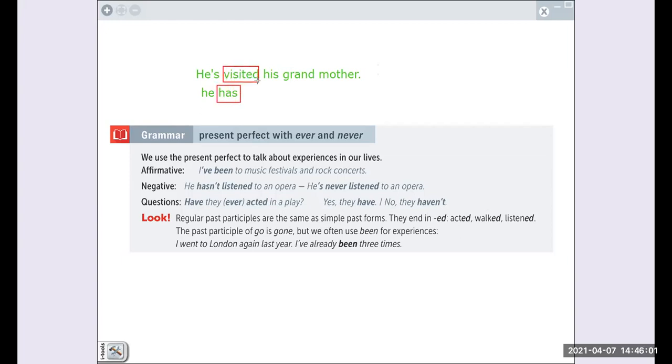Por el verbo que sigue adelante, porque el verbo es un past participle. En cambio, si fuera he is, no tendría un verbo en past participle. Entonces tengan cuidado con eso, por si alguna vez ven esta contracción de he's, or she's.